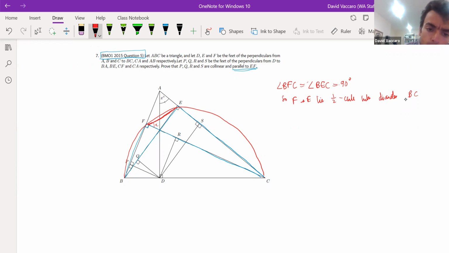I'm going to call this angle up here X. So if the angle DAC is equal to X degrees by definition, then this angle down here, DCA, is equal to 90 degrees minus X degrees.